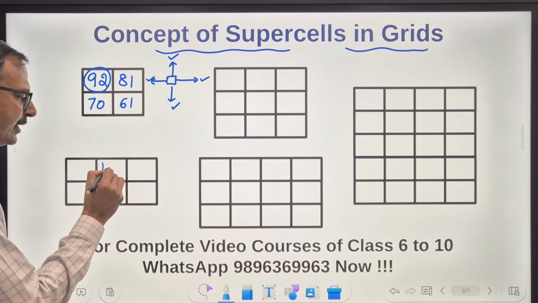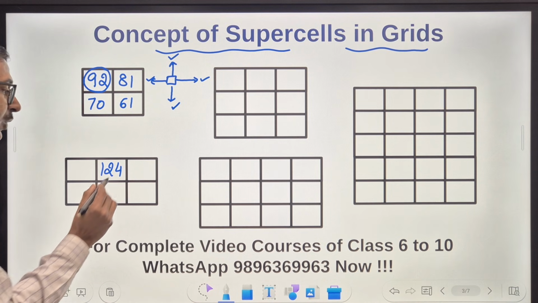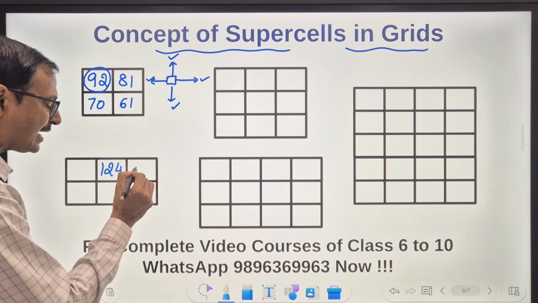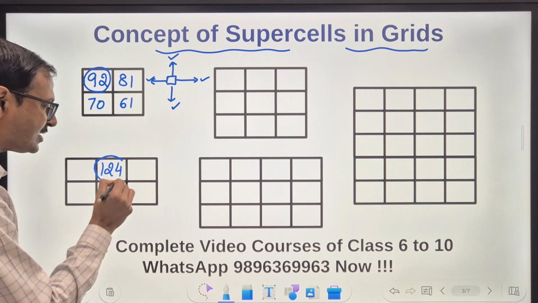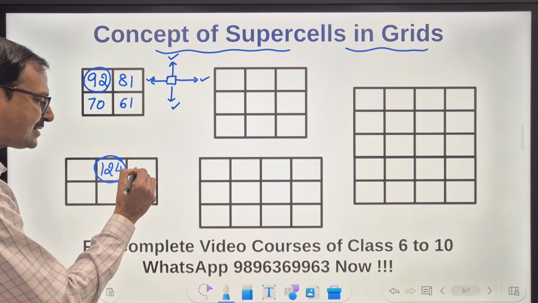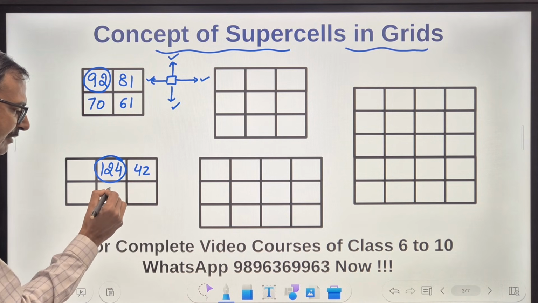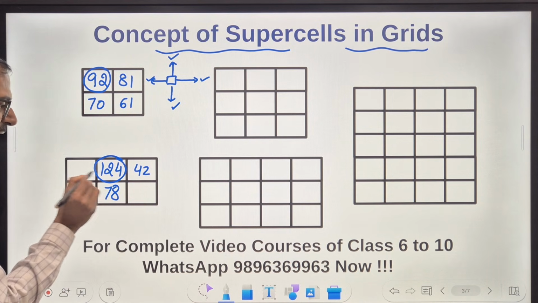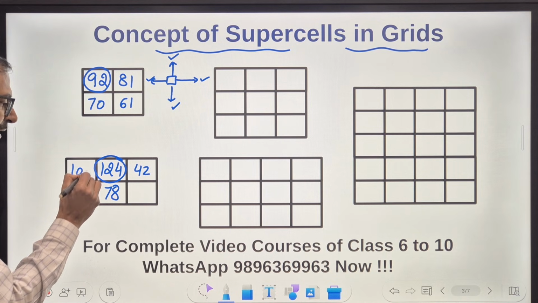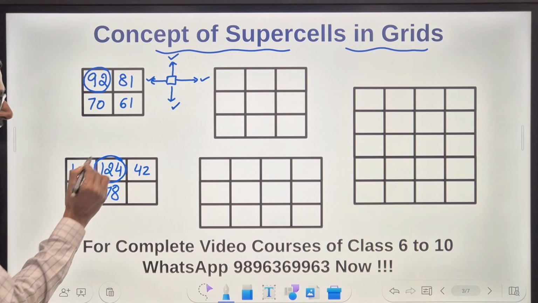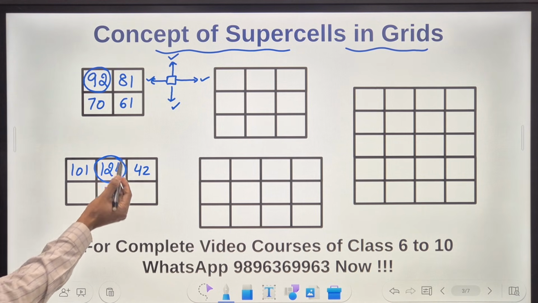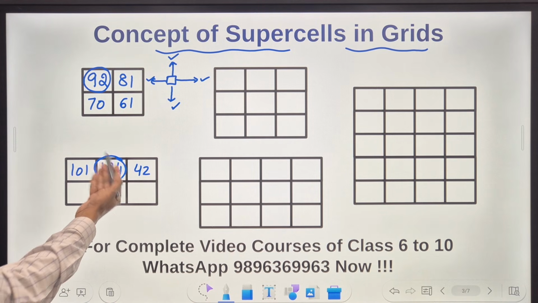So I'll write, say, 124 here, and now the neighbors have to be smaller than 124 if this is a supercell. So let's say 42, let's say 78, the bottom neighbor, and the left neighbor, let's say 101. See, all the three neighbors are smaller than 124, therefore this 124 actually is a supercell.